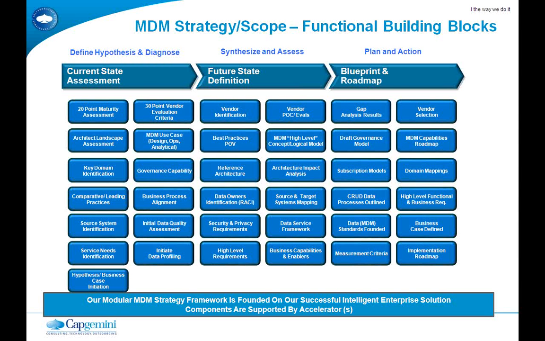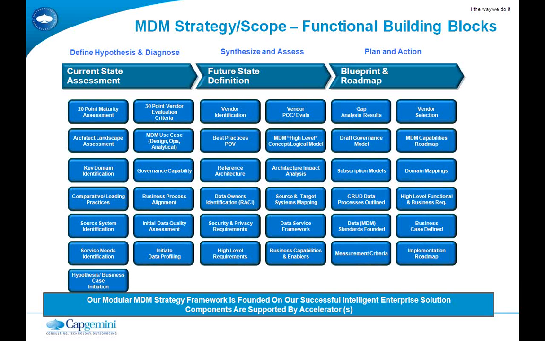So we'll go through and do a maturity assessment in an organization, to make sure that the underlying things that are needed for effective master data management are in place. What kind of data governance is in place? Because we cannot do master data management without data governance. What are we doing from a data quality standpoint? Where are we now with data quality? Where do we want to be?